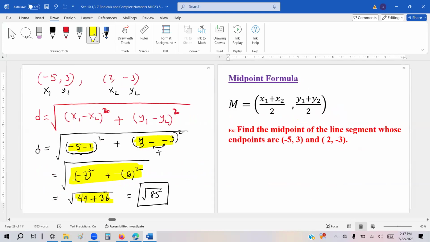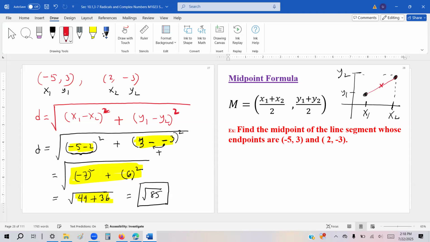The second thing is midpoint. So same scenario. If you have 1 point x1, y1, and another point here, x2, y2, and you want to find the midpoint, means exactly in the middle.